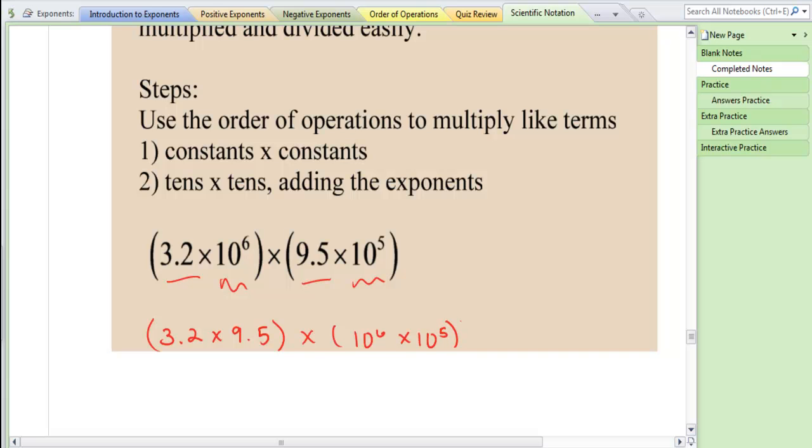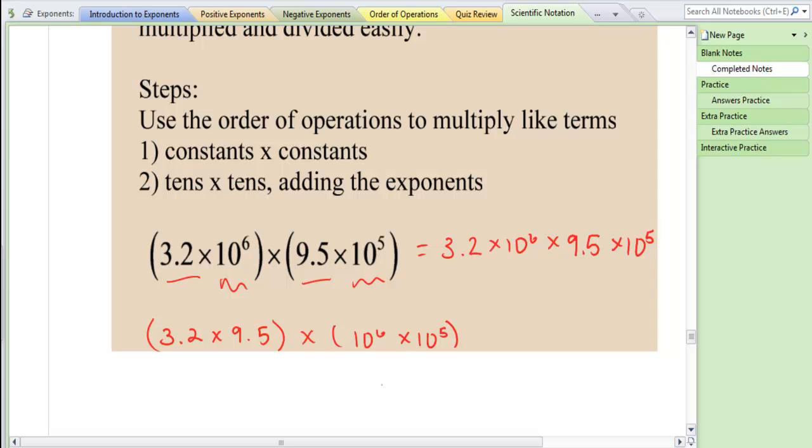And I'm going to work with the two same bases and use my exponent rules. Now again, this is really just four things that are being multiplied together: 3.2 times 10 to the 6th times 9.5 times 10 to the 5th. And I'm just rearranging the order to make the math easier.